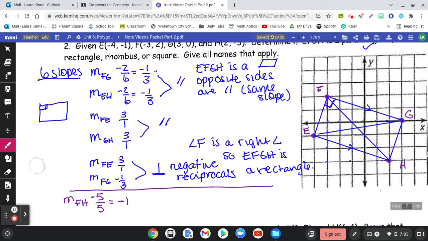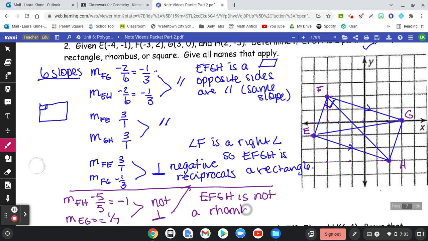For E, the slope of EG, we're going up 1 over 2, 4, 6, 7. Negative 1 and 1 over 7 are not parallel. Not perpendicular. They're not negative reciprocals. So therefore, EFGH is not a rhombus or a square.